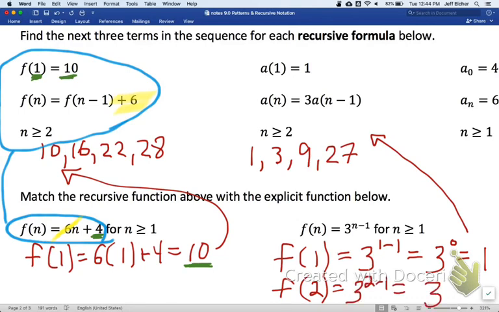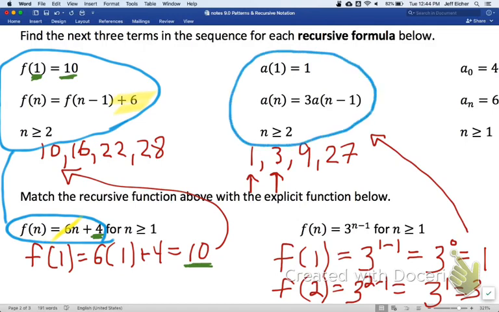So that's 3 to the first, which is 3. And that matches right here what we're expecting. So the thing I wanted to point out here, this recursive function matches this explicit function. So when you're multiplying in a recursive, see that 3 right there? That actually becomes the base of your exponential function.